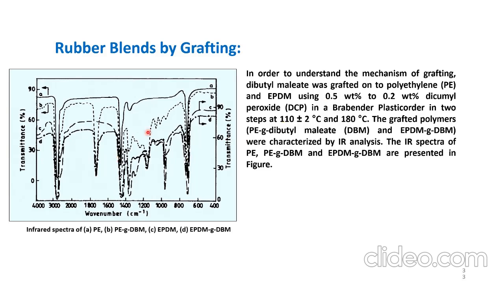You can see that some peaks are getting diminished, or some peaks are getting increased, and new peaks are appearing. Those kinds of changes you can see in the spectra, and you can check, with the help of the modification you are doing, what is happening in the material exactly.